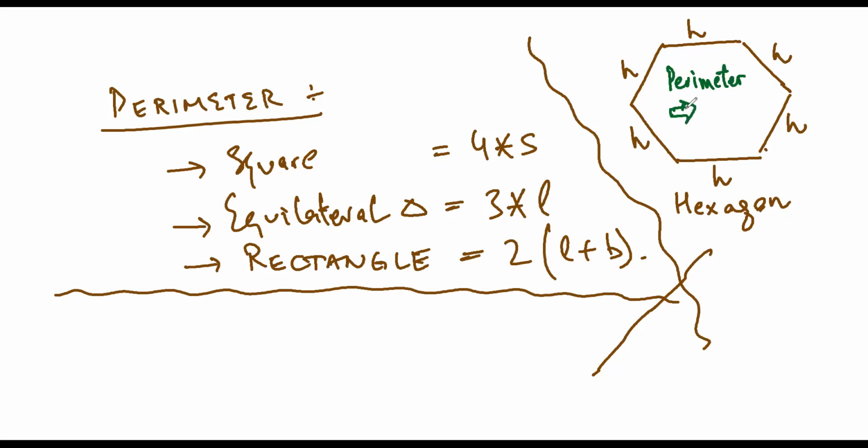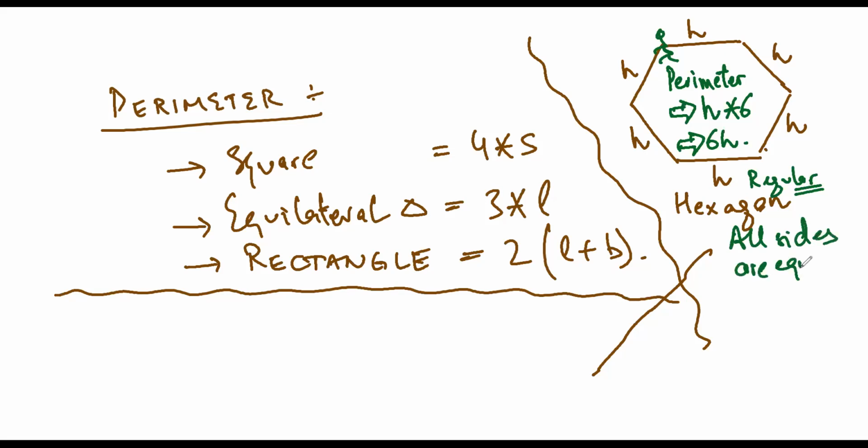Side into 6. Any confusion? No, sir. This is called a regular hexagon. Regular hexagon implies that all sides are equal.